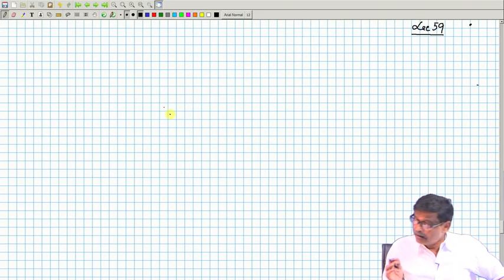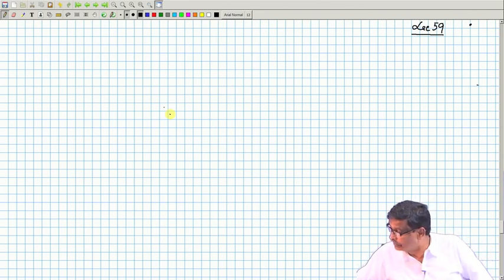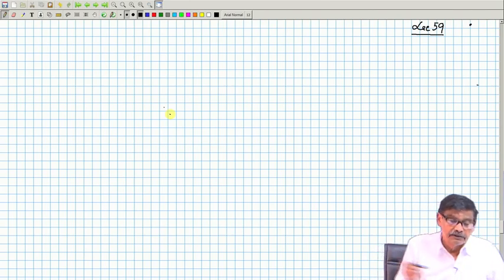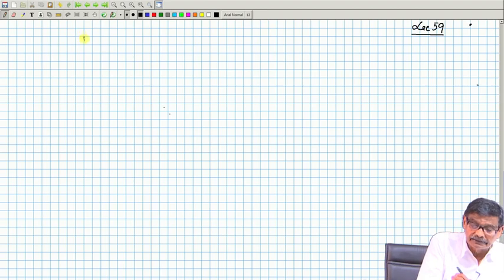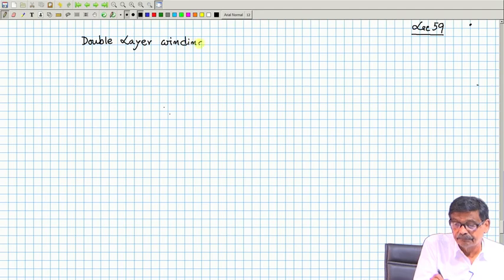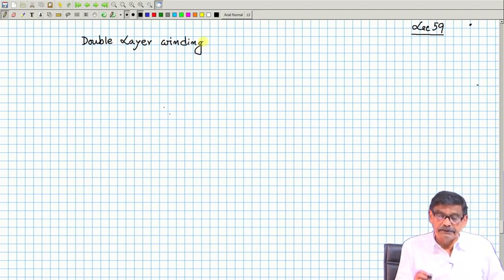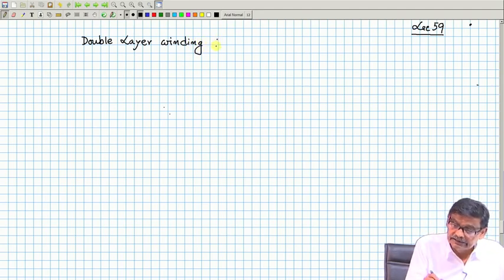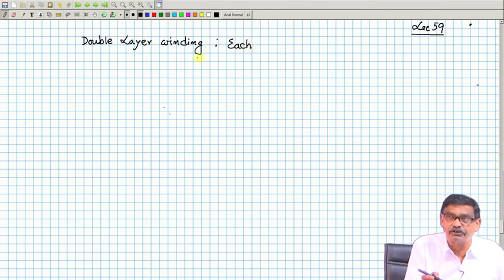Now, what I will tell you is that now we will be talking about double layer windings. Double layer winding. That is, each slot, conductors will be placed on slots.